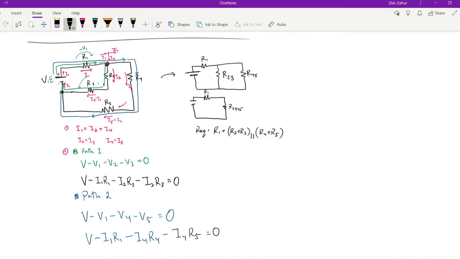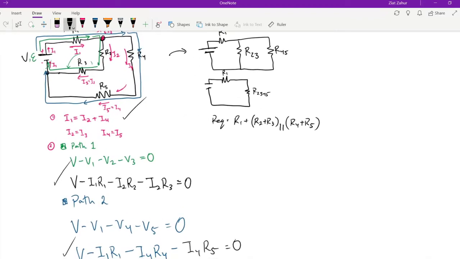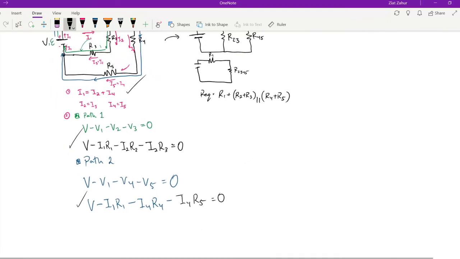All right, so we have really nice two equations. We also have the junction rule. That's our third equation, and these three sets of equations will allow us to solve for all of the values.